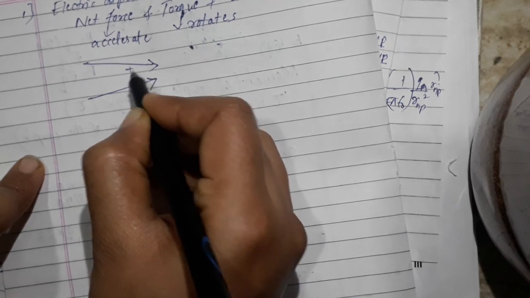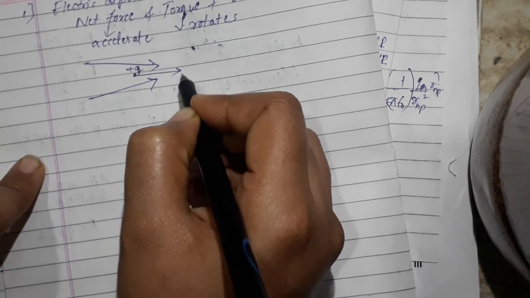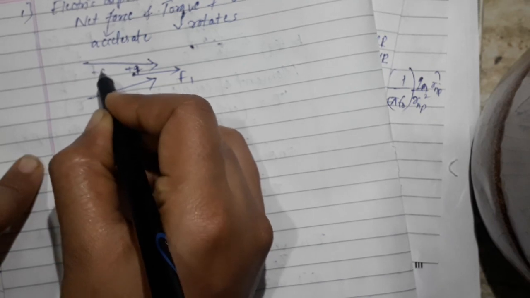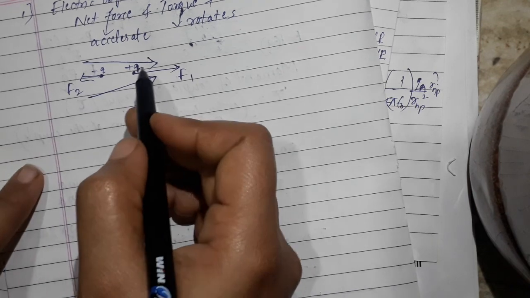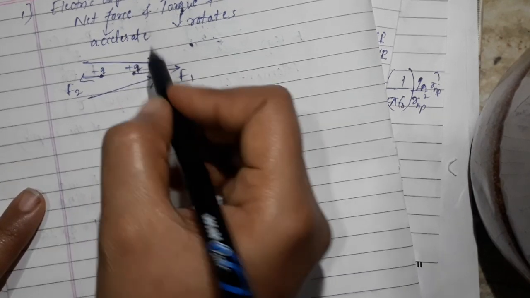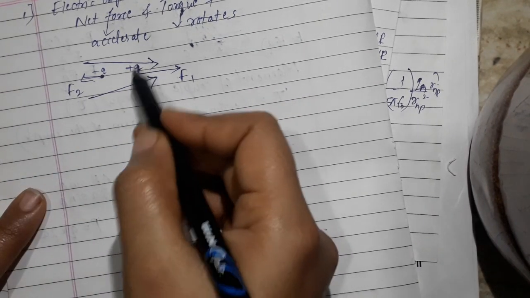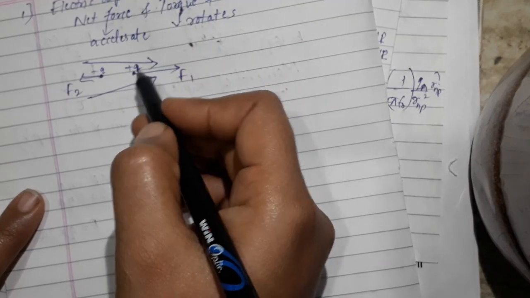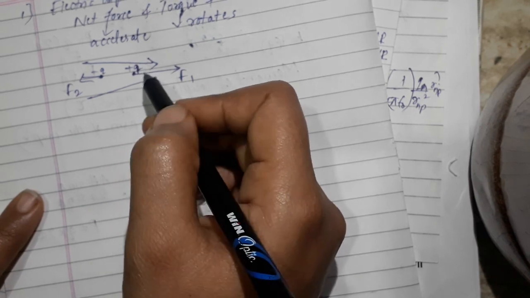The plus Q charge is placed here, with force F1, and the minus Q charge is placed here, with force F2. We have seen in the properties of electric field lines that where the lines are denser, very close to each other, the electric field is stronger.